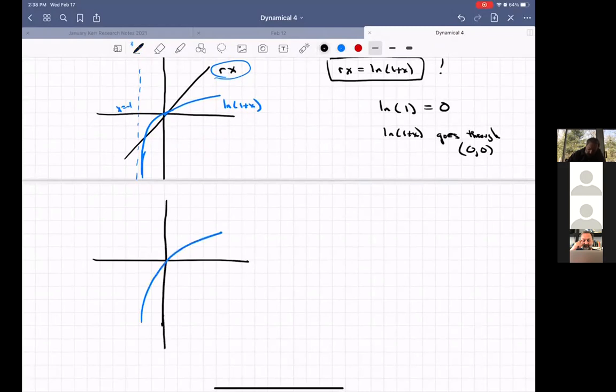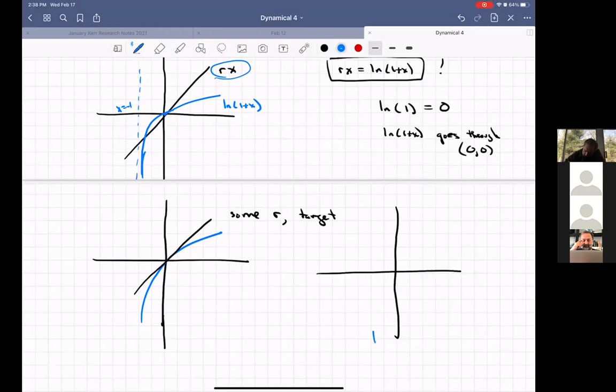There's some value of r where it's tangent. And there's going to be some value of r, if it's sufficiently shallow, where it does this.